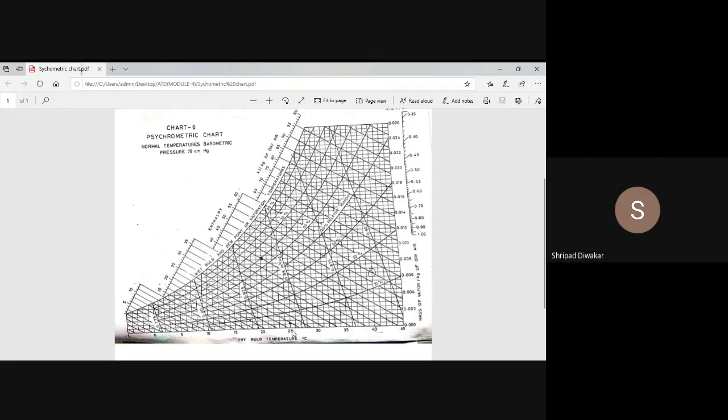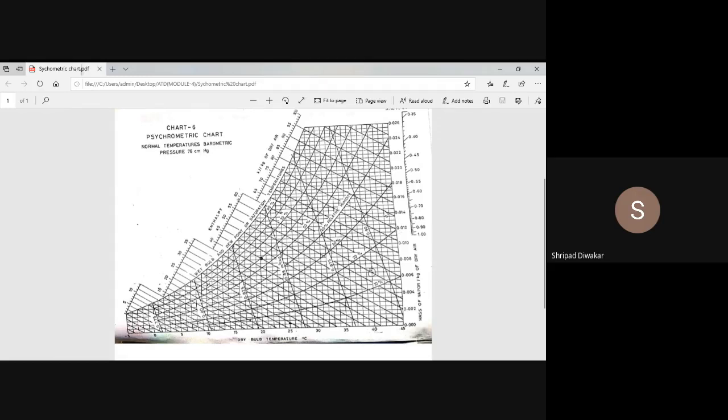In that case, 25 is there, so you just move up like this to where it cuts the saturation curve, and then move in the inclined direction. This is the value: 0.012 is the specific humidity at 25 degrees WBT.